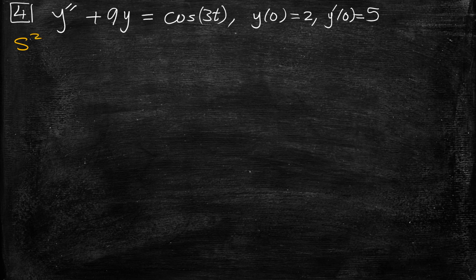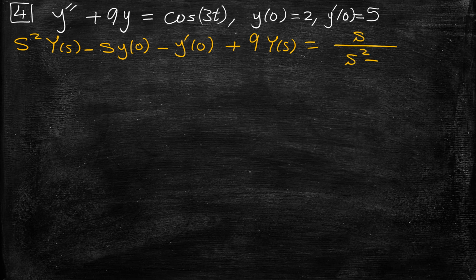So this will be s squared y of s minus s y of 0 minus y dash of 0 plus 9 multiplied by y of s equal to cosine 3t, which is s over s squared plus 9. We have the values given: y of 0 equal to 2, y dash of 0 equal to 5.